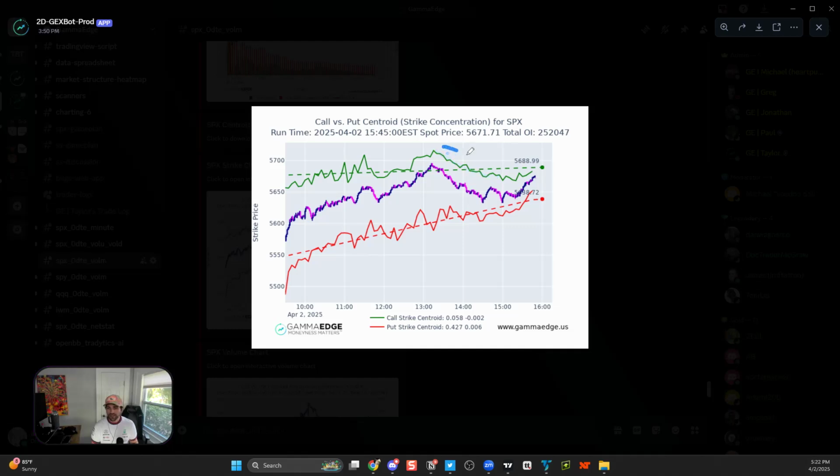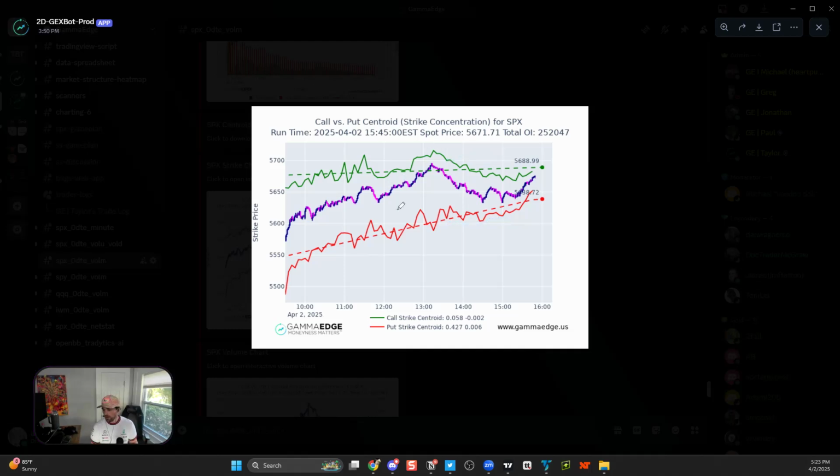The reason being is we just did not see any call speculation pushing higher with a signature that looked like this. I mean, that was the exact opposite signature. So if you're a credit seller at this time, selling above and below the centroids makes a lot of sense there.